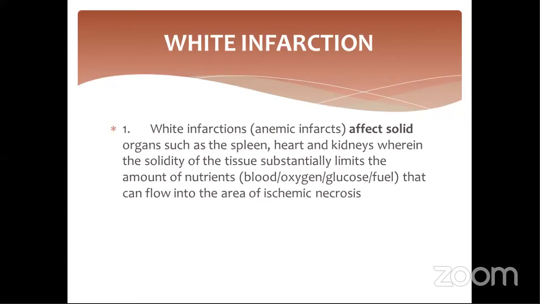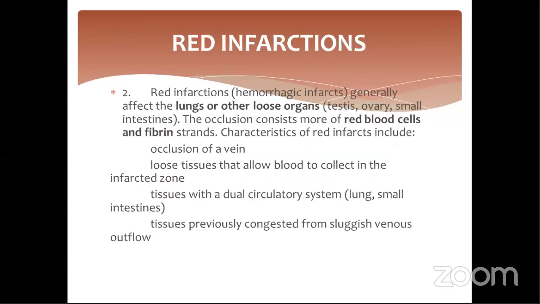Red infarction generally affects the lungs or other loose organs, that is testes, ovaries, small intestines, and occurs with occlusion of a vein, loose tissues that allow blood to collect in the infarcted zone, tissues with a dual circulatory system, and tissues previously congested from a sluggish venous outflow.